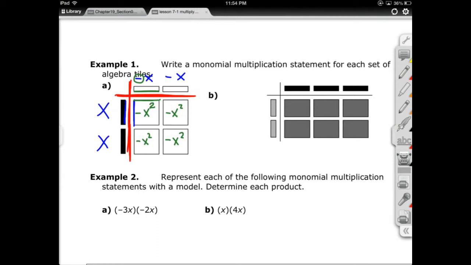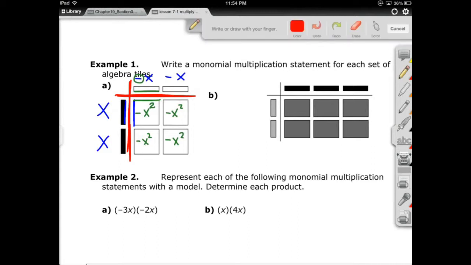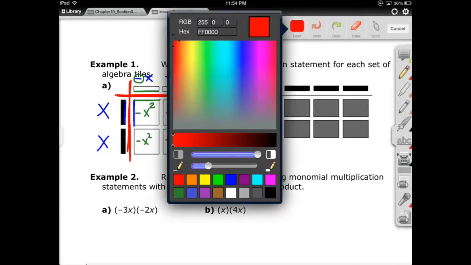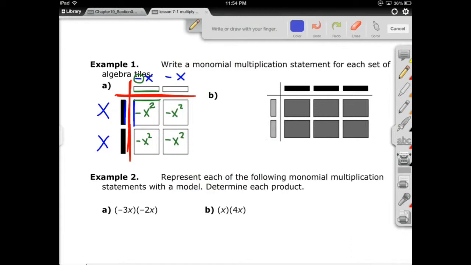The expression for this, just so we're clear, let's go with a nice blue, is we have negative 2x. Actually, let's go back. Let's go with the positives first. We have 2x's being multiplied by negative 2x's.